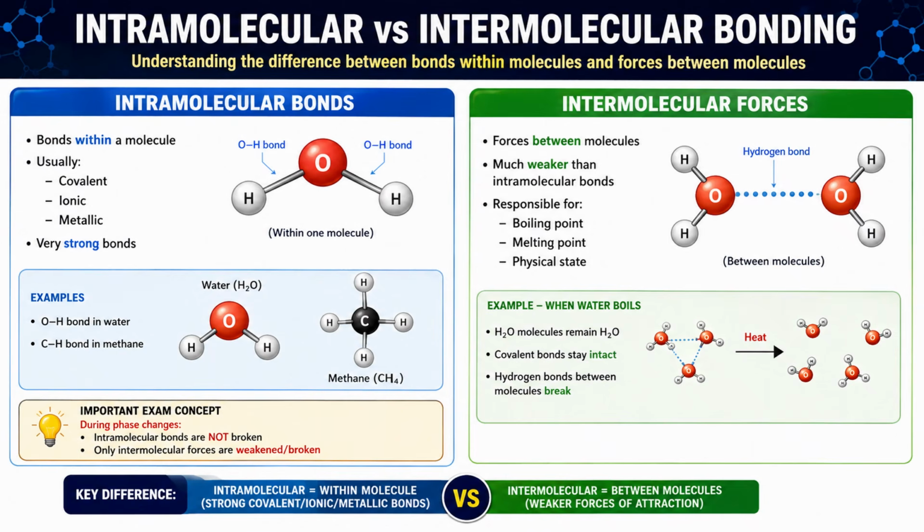The key exam idea is here at the bottom. During phase changes like boiling or melting, intramolecular bonds stay intact and only the intermolecular forces are weakened or overcome. So remember, within the molecule, strong chemical bonds; between the molecules, weak intermolecular attraction.